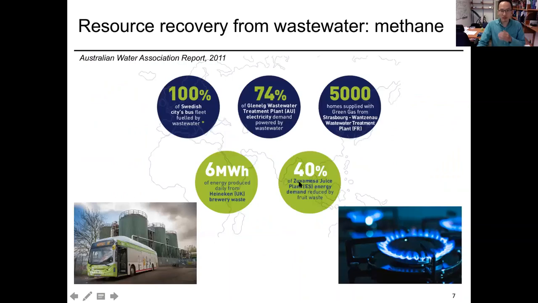Okay, so let me just briefly switch gears to the resource recovery side. Actually, our group has been working on resource recovery from municipal or dairy wastewater. Especially today I'm going to show methane recovery.